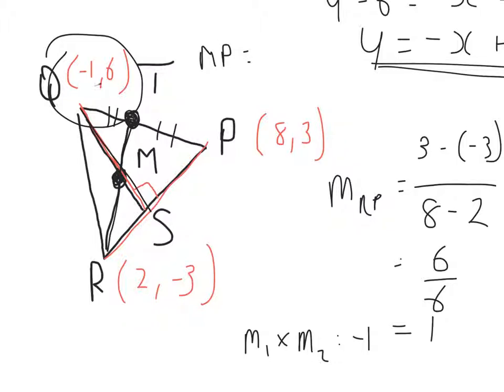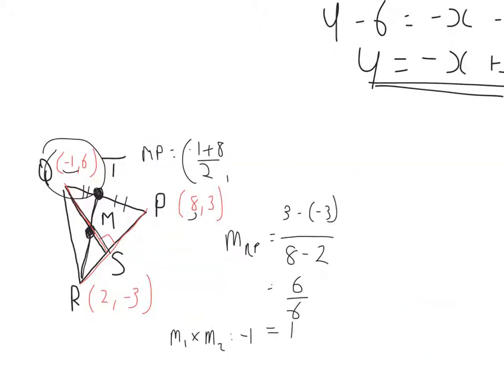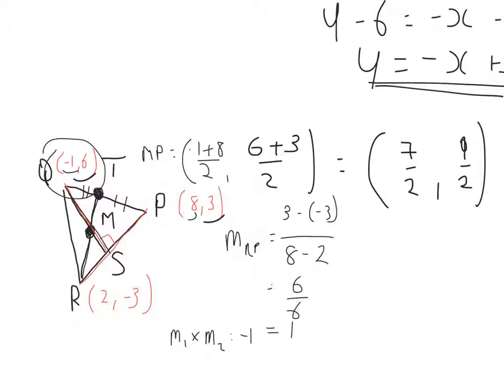That will be an average of the x and the y coordinates, so -1 plus 8 over 2, 6 plus 3 over 2. -1 plus 8 is 7, so 7 over 2. 6 plus 3 is 9, and that will be 9 over 2.